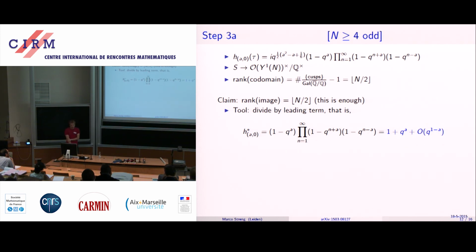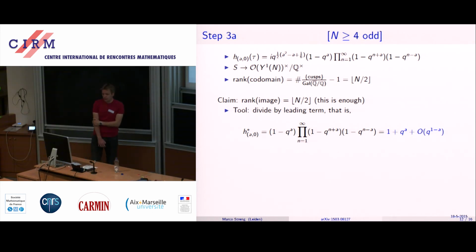Then the codomain, well, that is the rank of that, and the first equality there should actually a priori be less than or equal, but anyway, it's the number of Galois orbits of cusps minus 1, because the number of degree 0 divisors is the number of Galois orbits of cusps minus 1, and that you can compute to be exactly n over 2 rounded down.